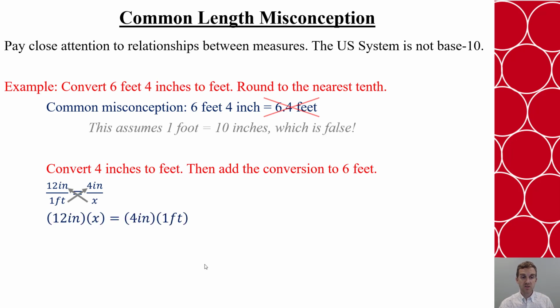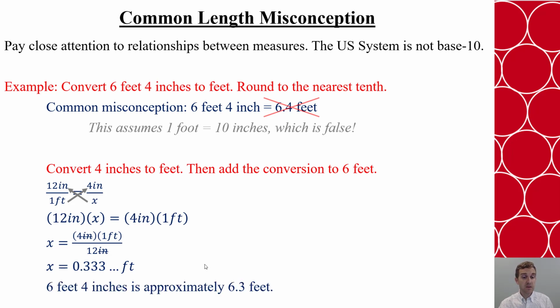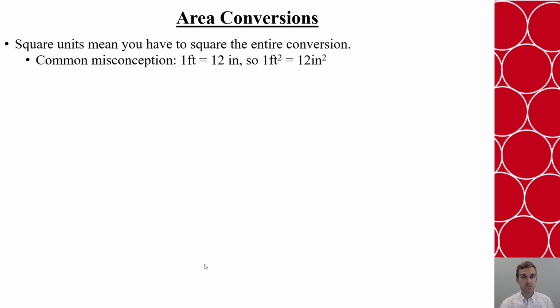So I cross multiply, divide both sides by the 12 inches, and that will simplify my unit of inches, leave me just with feet. And 4/12 is 1/3, which is repeating threes. But it says to round to the 10th, so I would say that 6 feet 4 inches is approximately 6 and 3/10 feet, not 6 and 4/10.